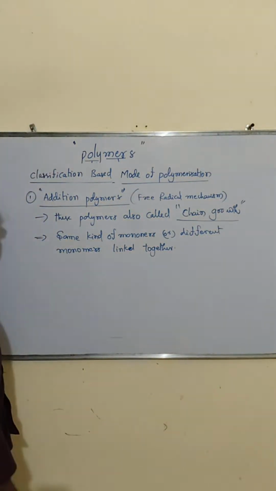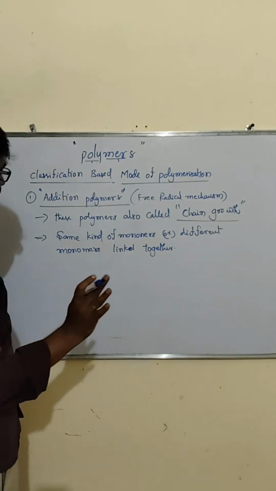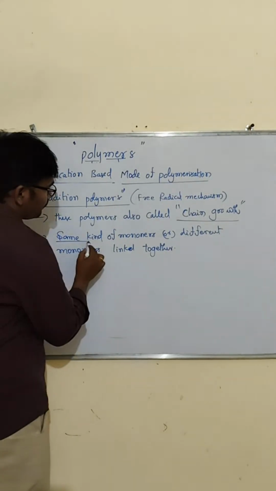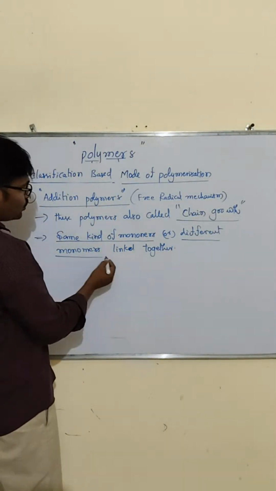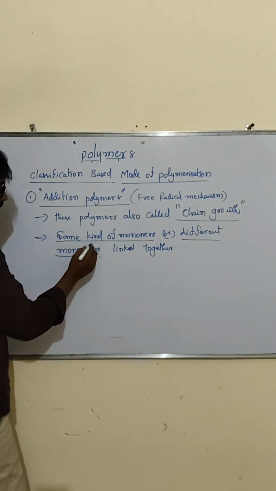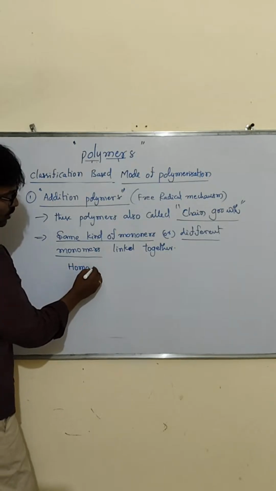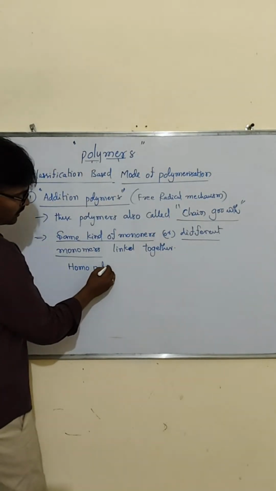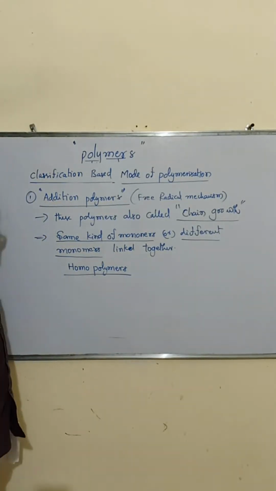Sir, what are the examples for addition polymers? I told you there are same kind of monomers and different kinds of monomers. If the monomers are of the same kind, we call them homopolymers.